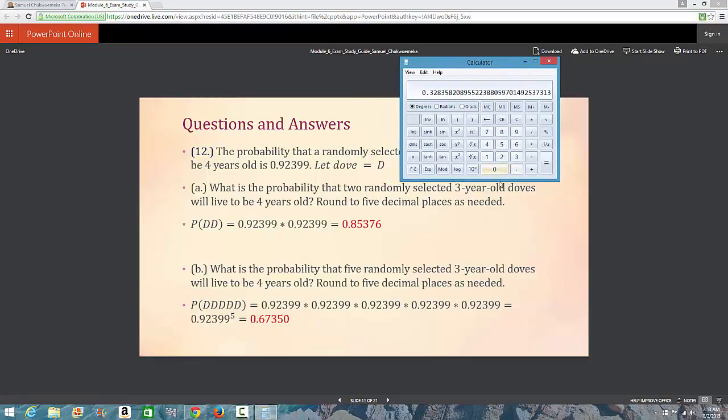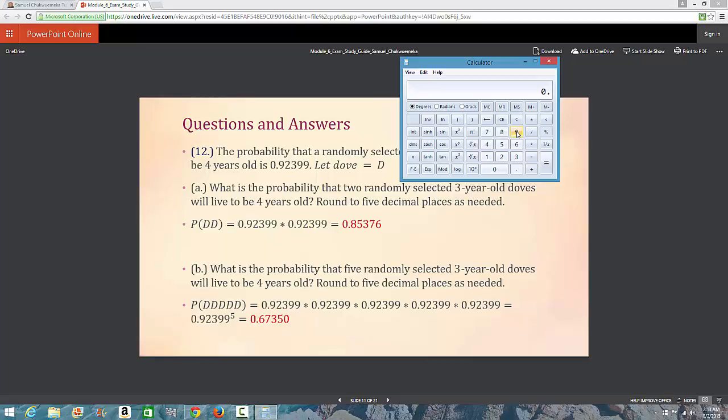So that means if you multiply it and it gives you 4 decimal places, you just leave your answer in 4 decimal places. But if it gives you 5 decimal places, you leave your answer in 5 decimal places.